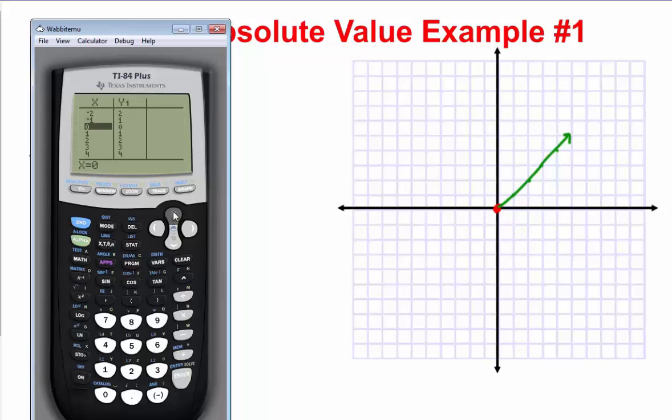If I look at the table, the x values below my vertex, I see that it's going to be negative 1, 1, negative 2, 2, negative 3, 3, negative 4, 4, and so on. So again, I can draw the line with an arrow to show that that line will keep going.